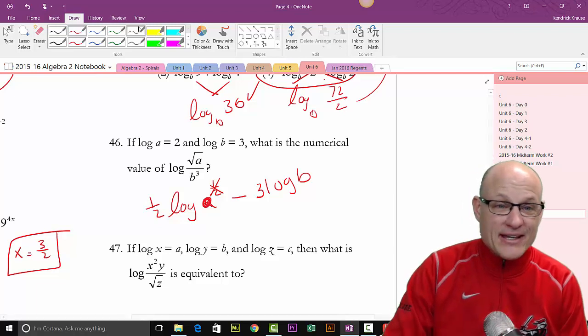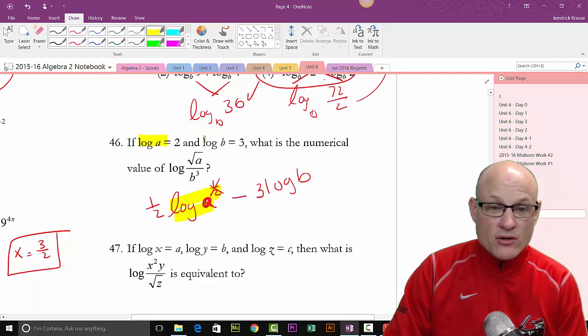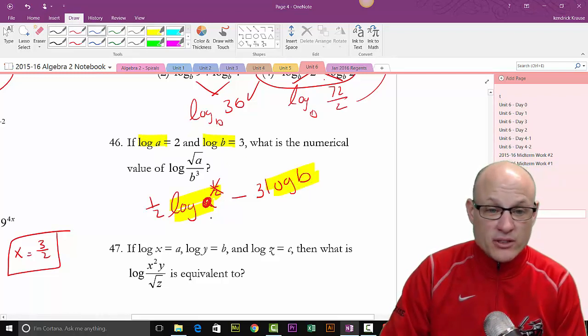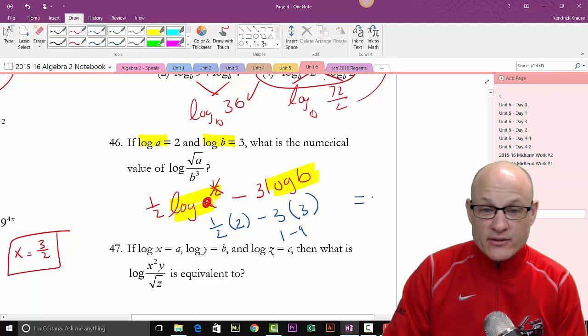So log of a is 2, and the log of b is 3. So what this thing turns out to be is 1/2 times 2 minus 3 times 3. 1/2 of 2 is 1, minus 9 is negative 8. Tough question.